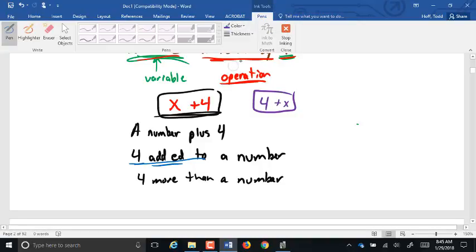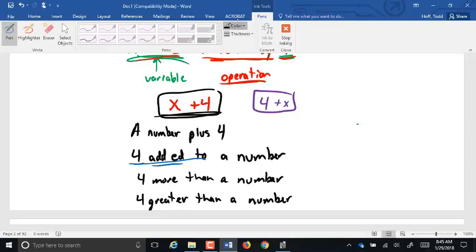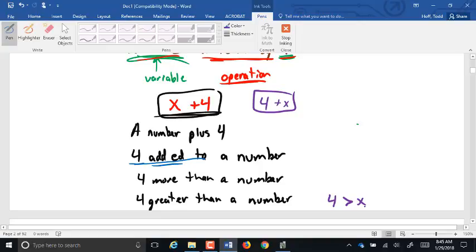Now, one that's a little trickier for people is this one. 4 greater than a number. A lot of people, when they see that, they want to do 4 greater than x. It doesn't say 4 is greater than a number, though, does it?